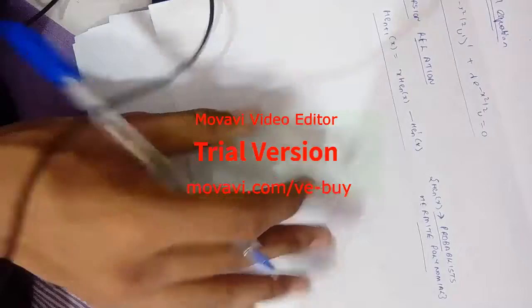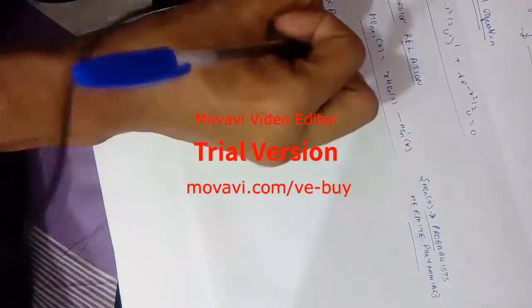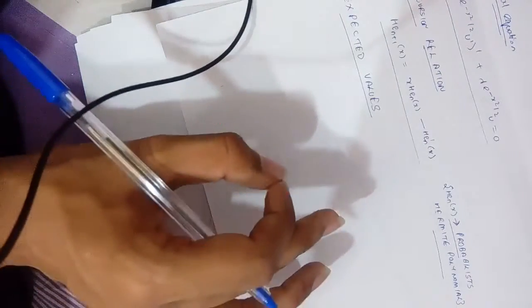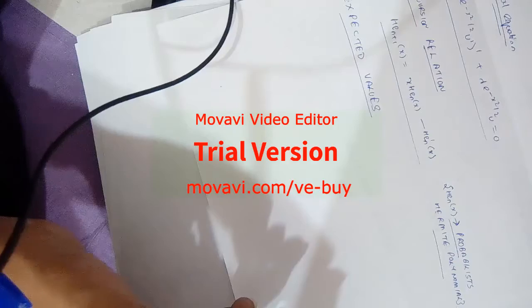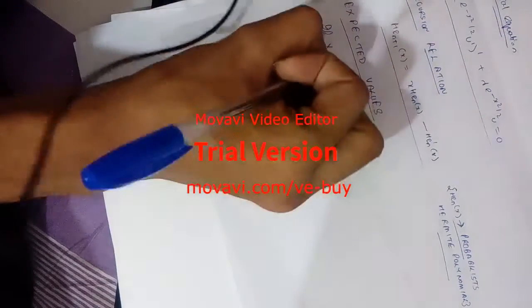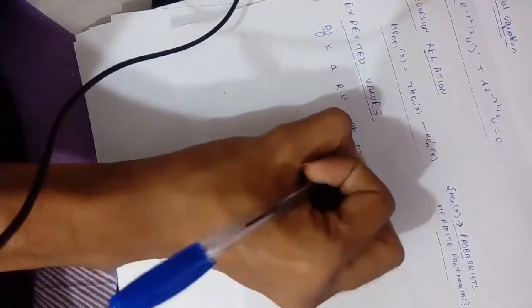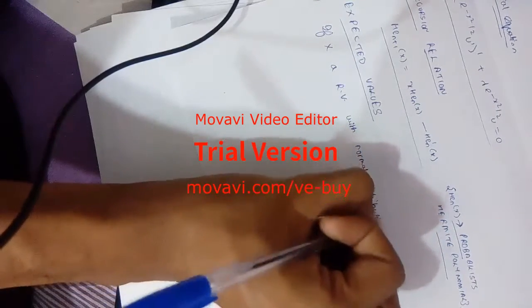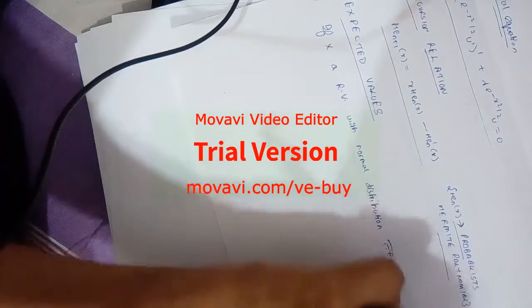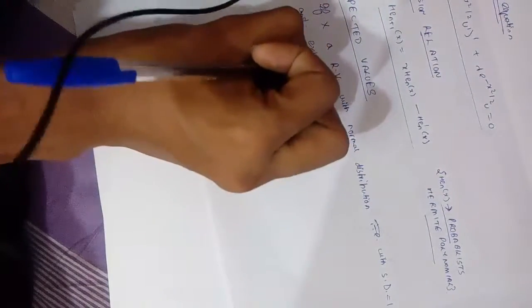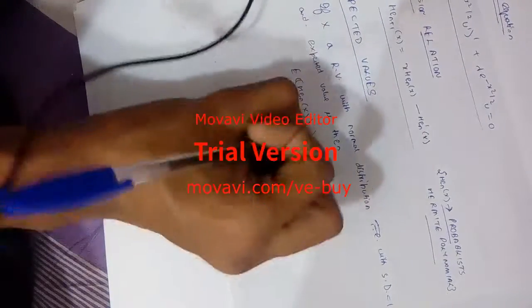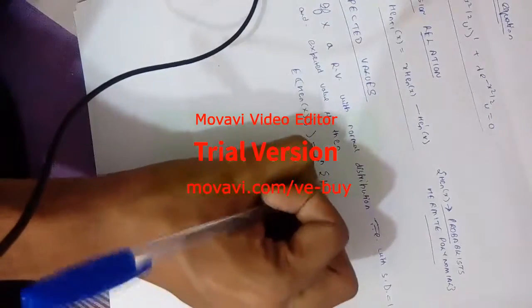Now I will tell you about the expected value of Hermite polynomial. If we treat the Hermite polynomial to be a random variable with normal distribution, standard deviation 1 and expected value mu, that is, if x is a random variable with normal distribution with standard deviation equals 1 and expected value mu, then the expected value of the probabilist Hermite polynomial equals mu to the power n.